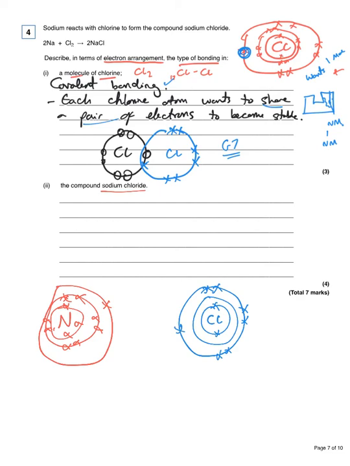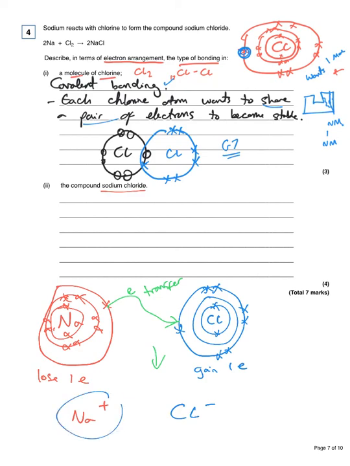So sodium would want to lose 1 electron, chlorine wants to gain 1 electron. So the first thing that happens is electron transfer. And this results in sodium being left Na positive and chlorine Cl negative. These opposite charges attract together and they form that ionic bond.